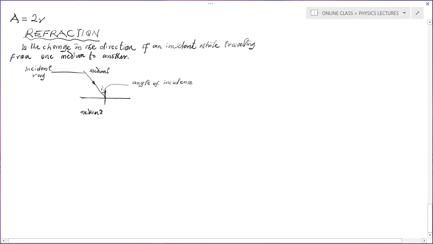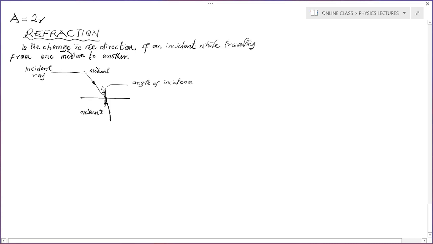If the medium is less dense, the ray will move far away from the normal. But if the medium is denser than medium 1, you will see it close to the normal.